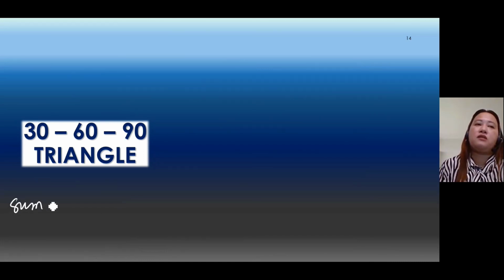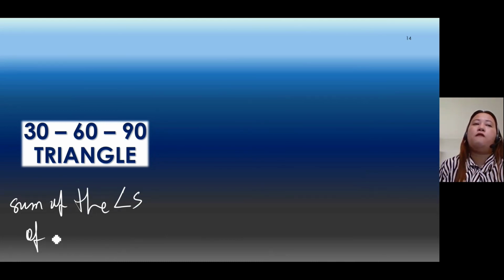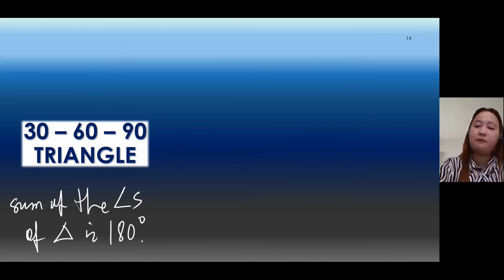Always remember the sum of the angles of a triangle is 180 degrees. That is for whatever triangle you have, whether equilateral, right, or isosceles. So you can see that when you add 30, 60, and 90, the sum is 180.